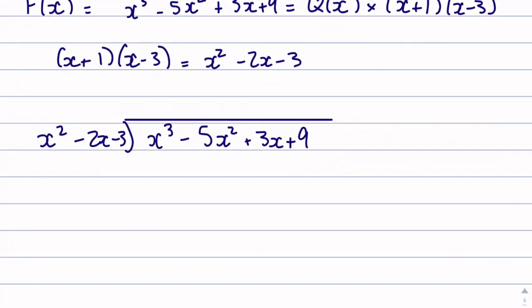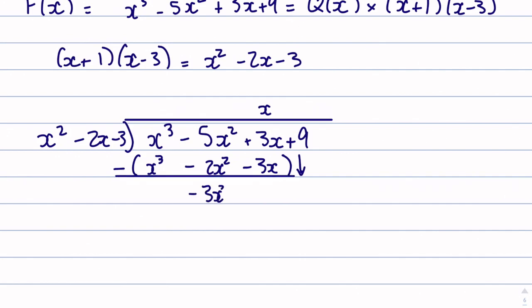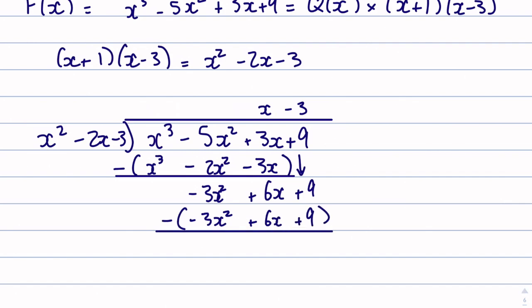Okay, x to the 1, okay, x cubed take 2x squared take 3x, subtract and drag down, negative 3x squared plus 6x plus 9, divide, take 3, multiply out, take 3x squared plus 6x plus 9, subtract, obviously going to come out as 0.